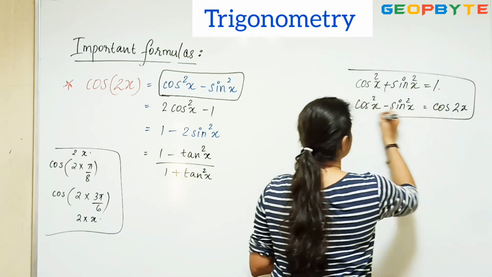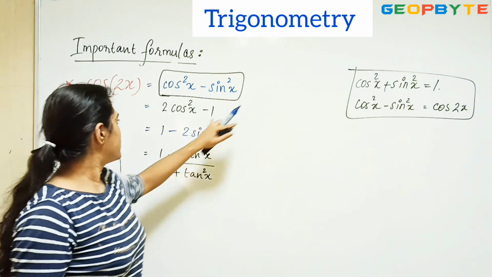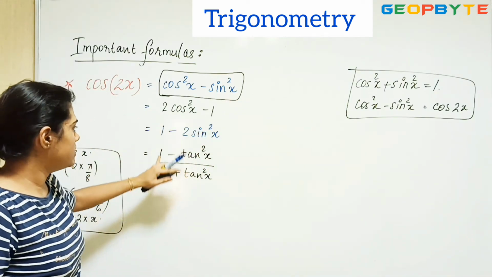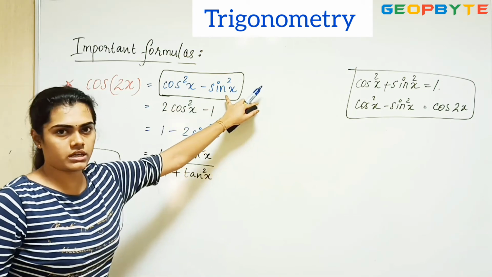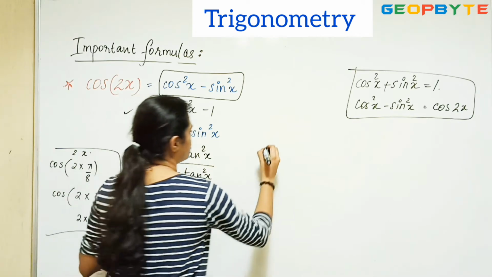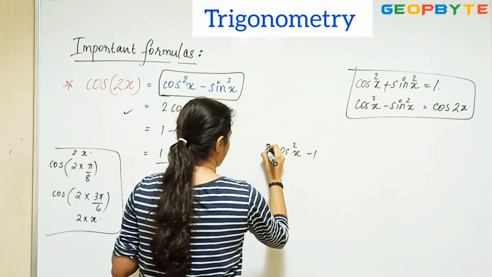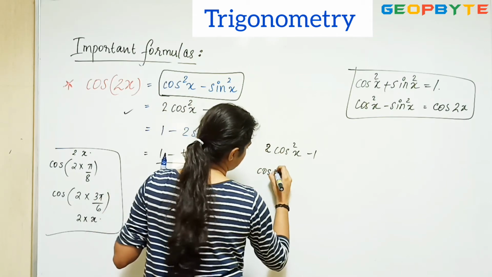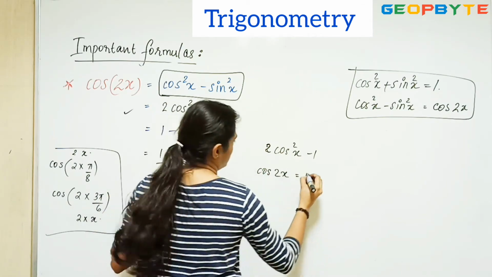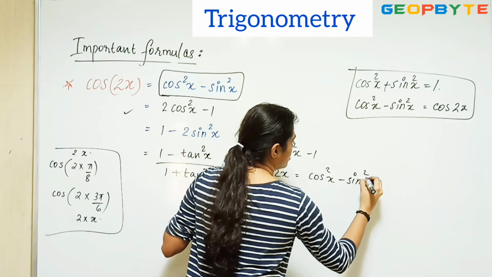So remember this. Okay. So from here you can get these 3 forms. This is basically coming from this form. So we'll get this formula 2 cos square x minus 1. How will you get it? We know that cos 2x is equal to cos square x minus sin square x.